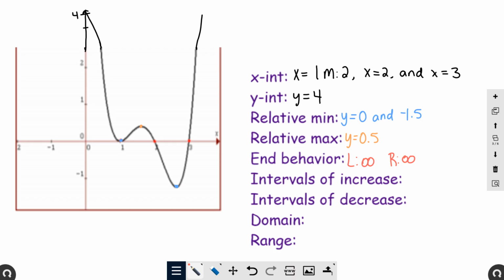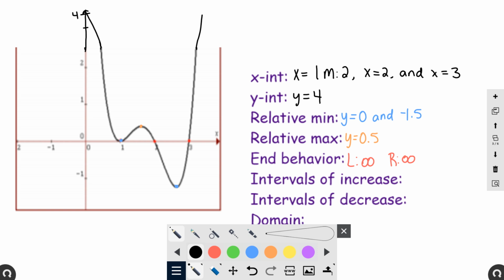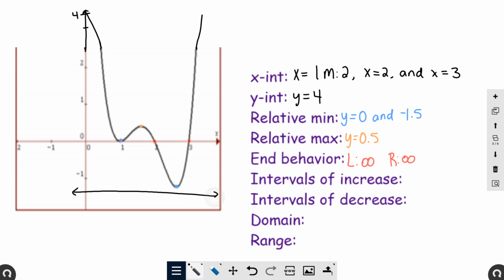Okay, intervals of increase and decrease. Let's make a number line right underneath our graph. You can go ahead and put negative infinity and positive infinity on that number line because that's where you have some transitions. Then look at your graph. First, the graph is going down. It is decreasing to this point right here. What's this x value? Because now we do x values. 1. And then my graph goes up. So it increases to this x value.